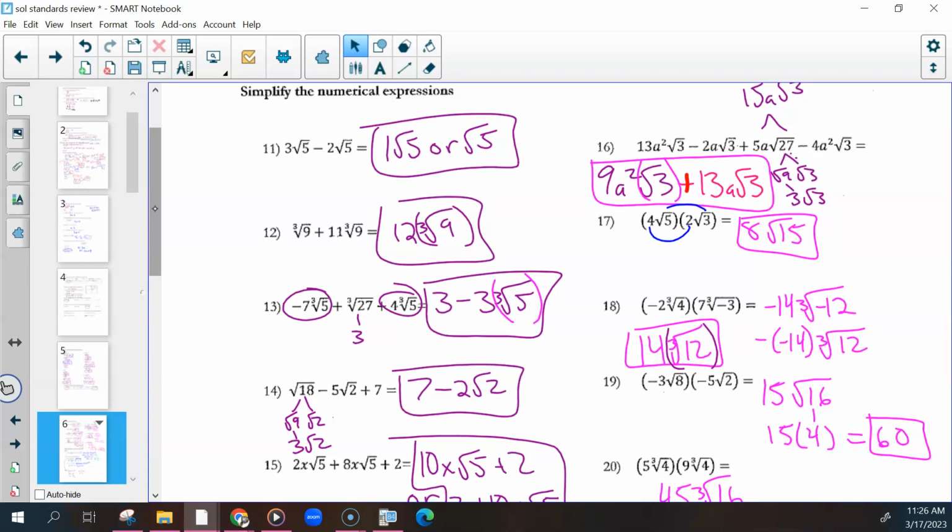17 and on, you're multiplying. So when you're multiplying, you do the outside numbers together and the inside numbers together. And if you need to simplify, you would do that.